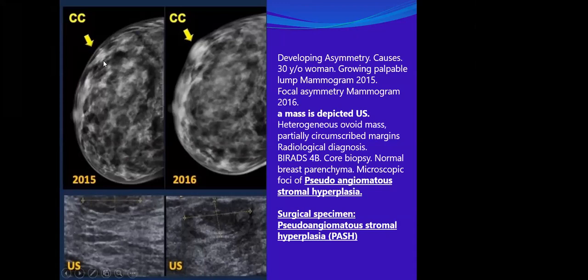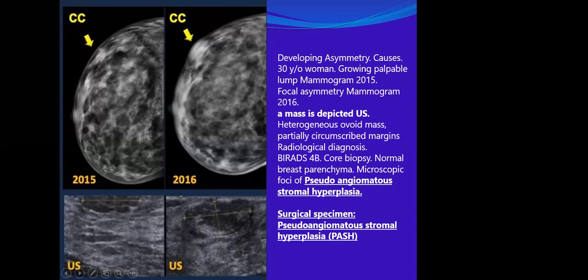Look here, this is the earlier mammogram, and the follow-up mammogram demonstrates this area of focal asymmetry, or developing asymmetry. This is the previous ultrasound, and it is increasing in the follow-up ultrasound.